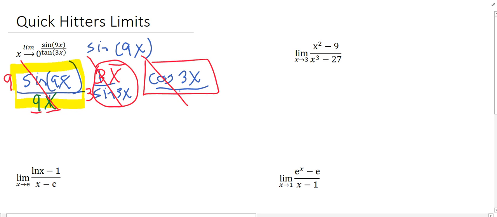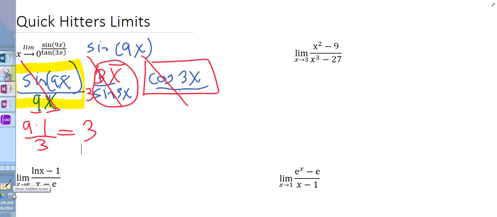No, excuse me. We haven't taken care of our numbers yet, have we? So this is equal to 1 times 9 divided by 3. So that's equal to 3. And that's our limit as it approaches 0. Alright, I'll stop this one here and pick up the other two.